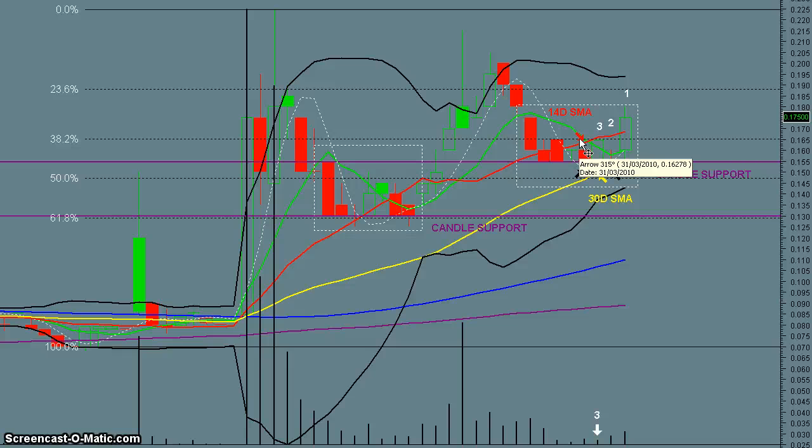Don't look at just one candle. It needs to confirm the next day. So that's 2 candles. 3 candles added together will give a pretty good prognosis of where the stock's heading. So yeah, I'd take that from there.